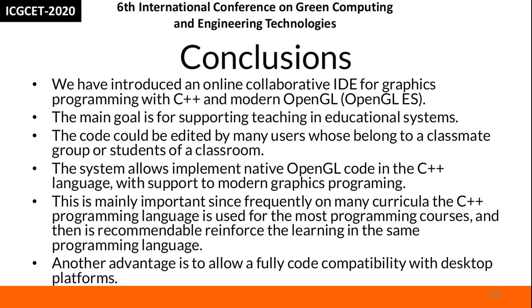The system allows implementing native OpenGL code in the C++ language with support for modern graphics programming. This is mainly important since frequently in many curricula the C++ programming language is used for most programming courses, and then it's recommendable to reinforce the learning in the same programming language.